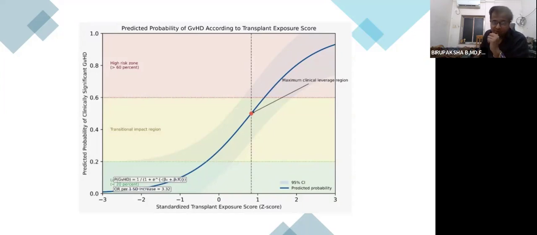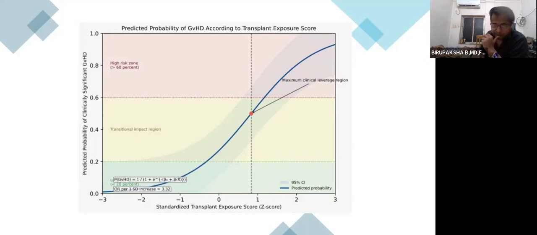If you have 100%, it comes down by 50%. You can see it's around 0.5 out here. I've made it in decimals out here, but it comes around at this part. And at Z-score 1, it comes out at 50%. So we are bringing it down from 100% to 50%. This is the point where we need to work.